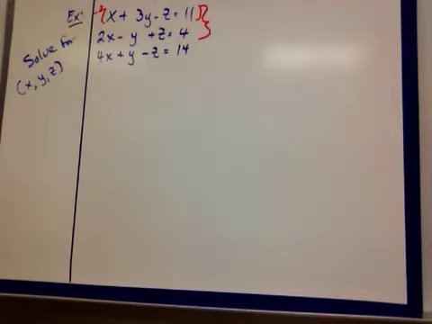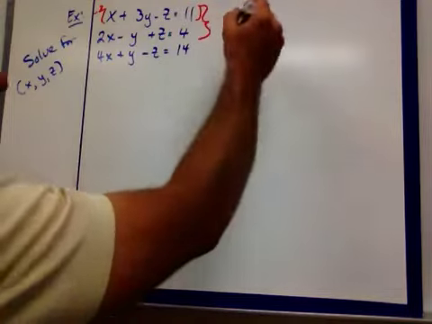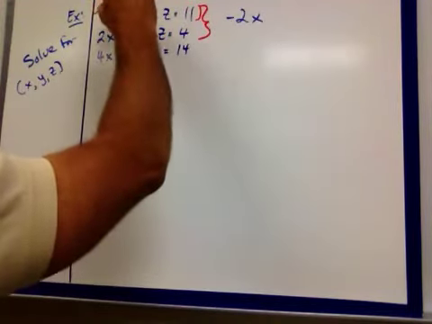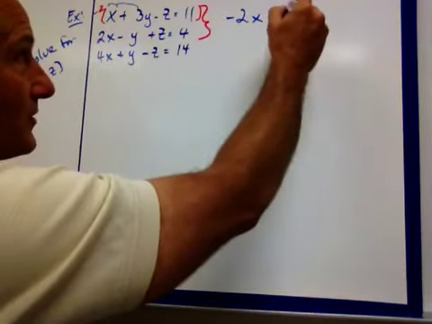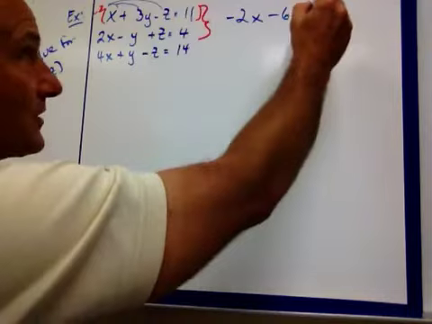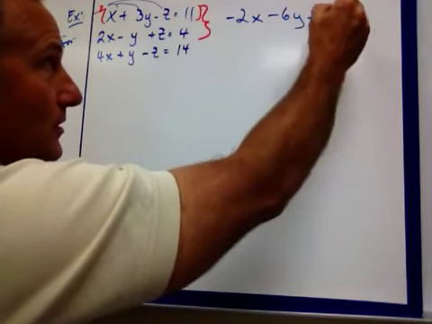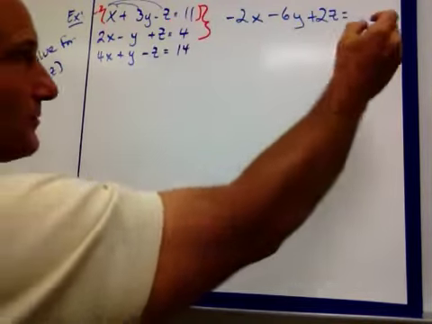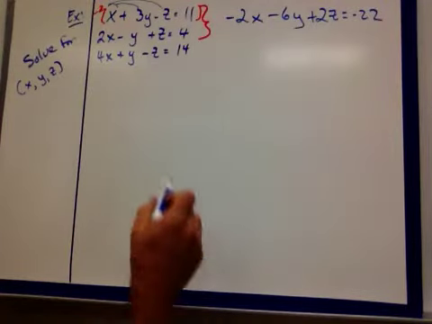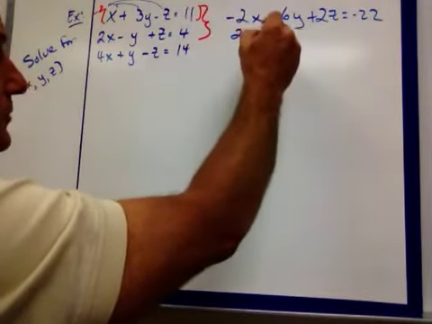Okay? So I'm going to take -2 times x, I'm going to get a -2x. -2 times the 3, that's going to give me a -6y. -2 times the negative z, that's going to give me a plus 2z. And -2 times 11 is -22. Okay? Multiply all the way across. Bring your second equation over, you don't need to do anything to it.